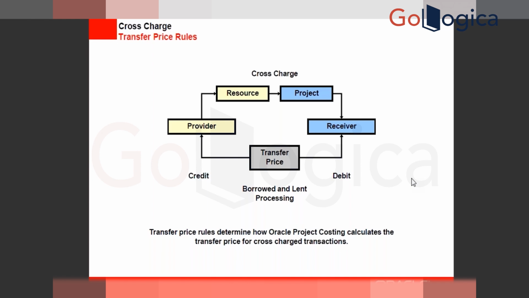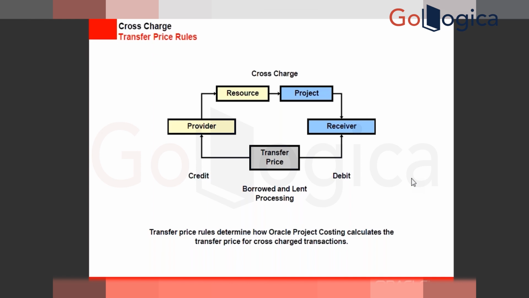This is specific to the project, because the resources will be booking the cost across the projects from different operating units or different legal entities. Outside, within the financials, you can do the intercompany billing, and mainly the intercompany billing only, no other things.